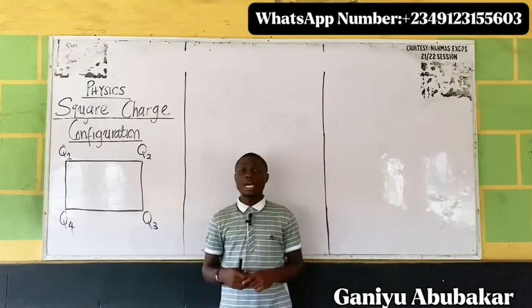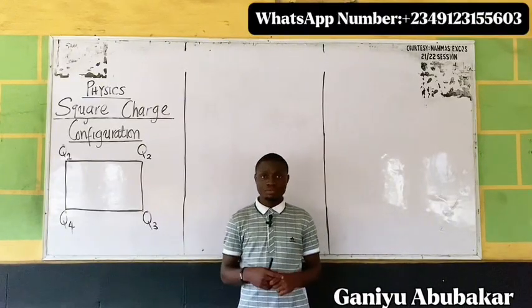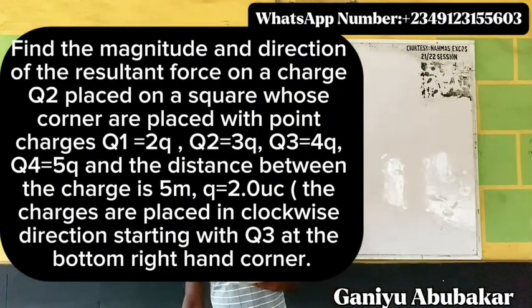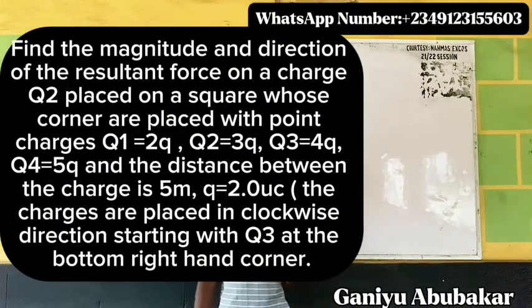Let's take a quick sample problem under this and solve together. Find the magnitude and direction of the resultant force on the charge Q2 placed on a square whose corners are placed with point charges Q1 equal to 2Q, Q2 equal to 3Q, Q3 equal to 4Q, Q4 equal to 5Q, and the distance between the charges is 5 meters.